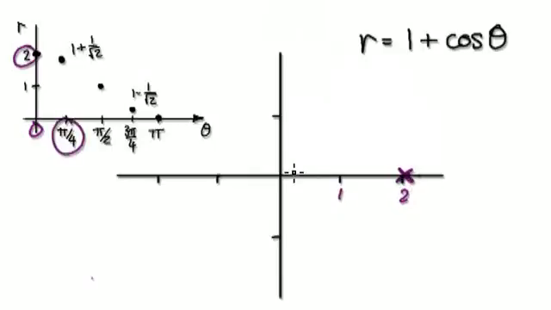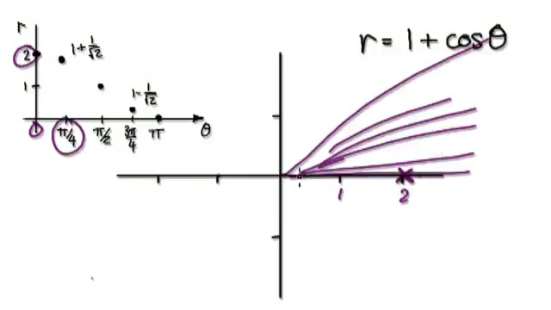When it's at pi over 4, the radius will be 1 plus 1.7 something. So it would be somewhere around here.